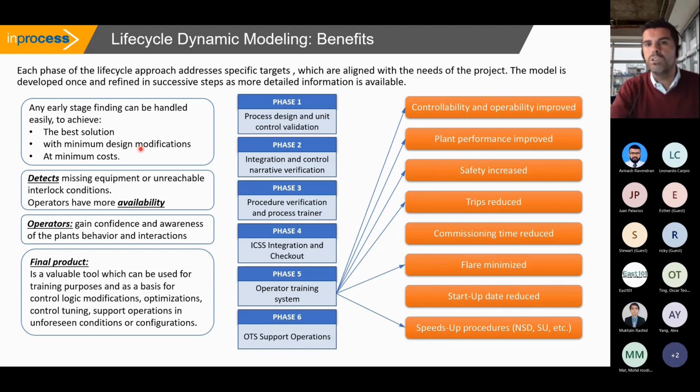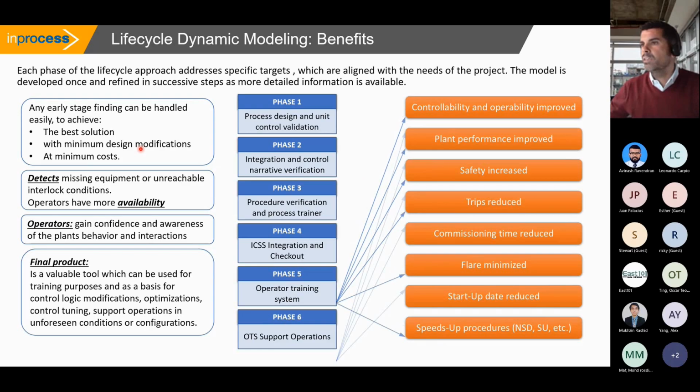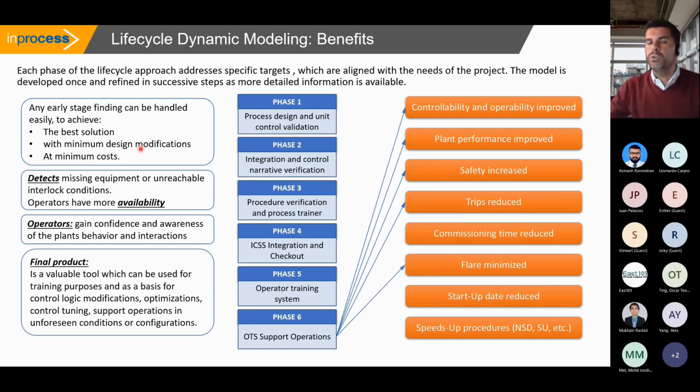So the most important thing for us is, again, having for you the vision of relying on a unique, reliable partner that has the expertise and the relevant track record to support from engineering studies to operation and maintenance support.